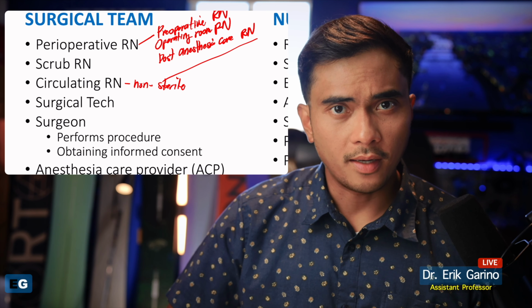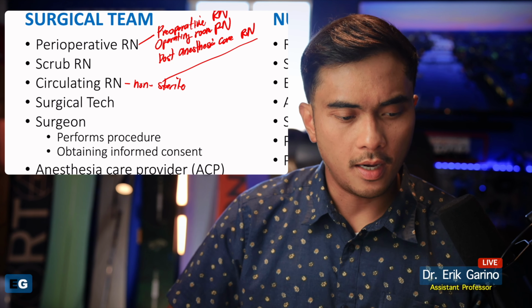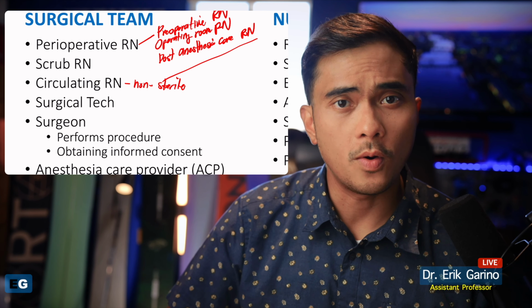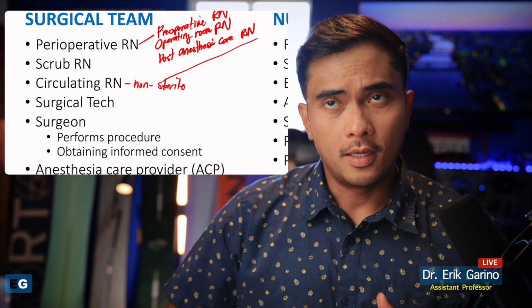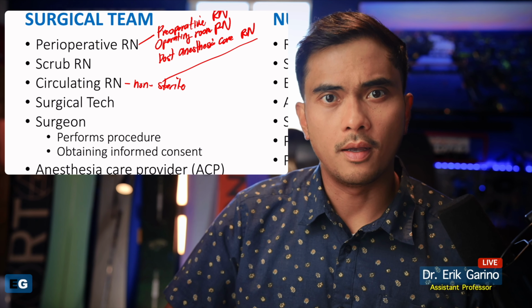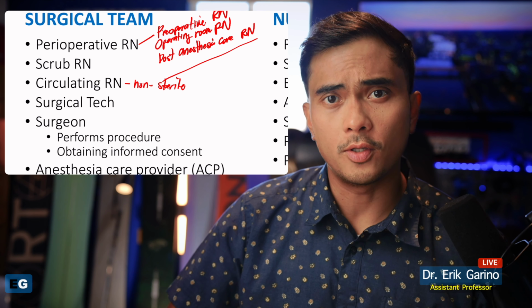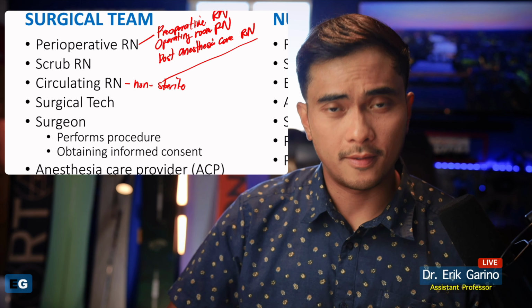They monitor practices of aseptic technique. They also confirm that informed consent is present and that the patient has no unanswered questions. While maintaining their position outside the sterile field, they provide a handoff report or SBAR report to the PACU nurse. So that's the circulating RN.